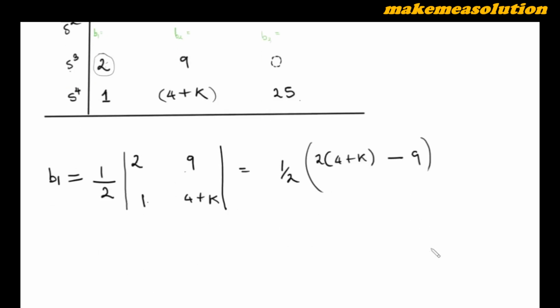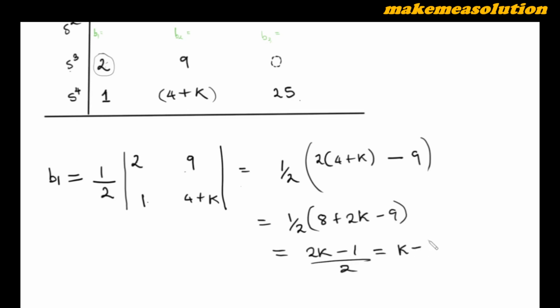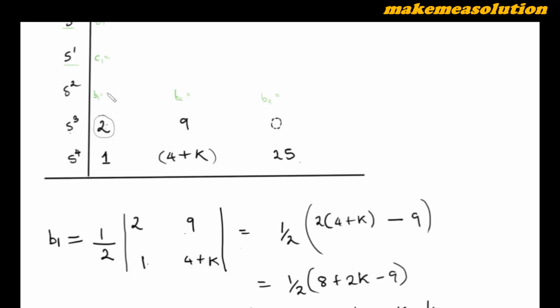So when I solve, I'm going to have 1 over 2 times 2 times 4 is 8 plus 2k minus 9, and if we arrange it, we're going to have 2k minus 1 all over 2, and someone can leave this as k minus 1 over 2 or k minus 0.5. So this is our b1. Okay, so our b1 is k minus 1 over 2, so I'm going to put it here. Is that okay?